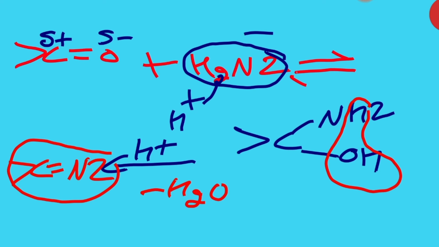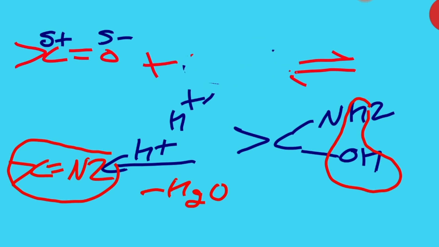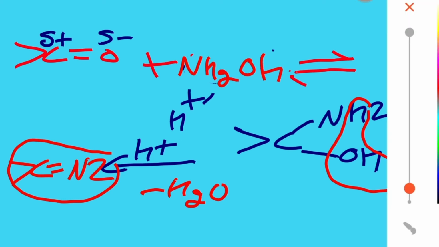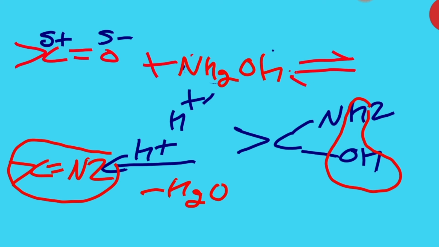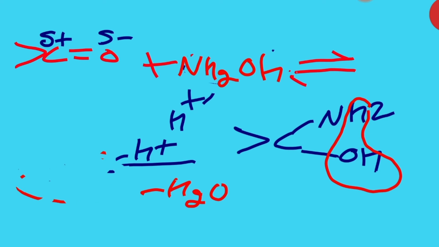Suppose at the place of Z I am writing NH2OH. Then here the product will be C double bond NOH.